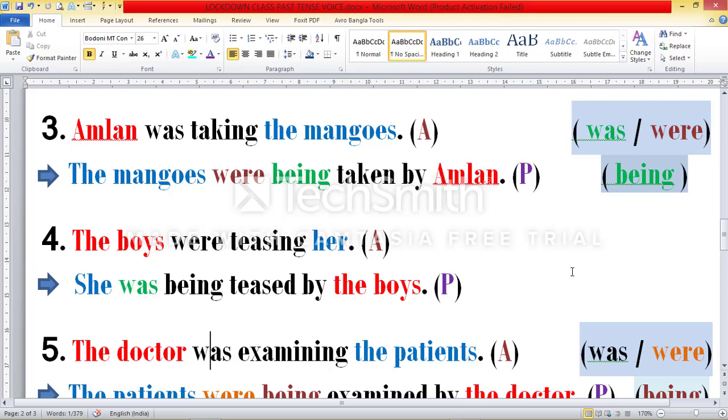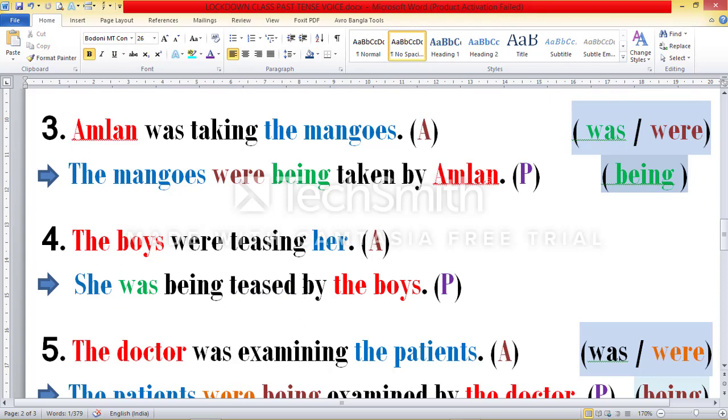Then we have to bring being also. Here being also has come because the sentence is of past continuous tense. Then we have to write the third form of the verb tease. The third form, as you know, of the verb tease is teased. So you have written here teased, the third form of the verb.